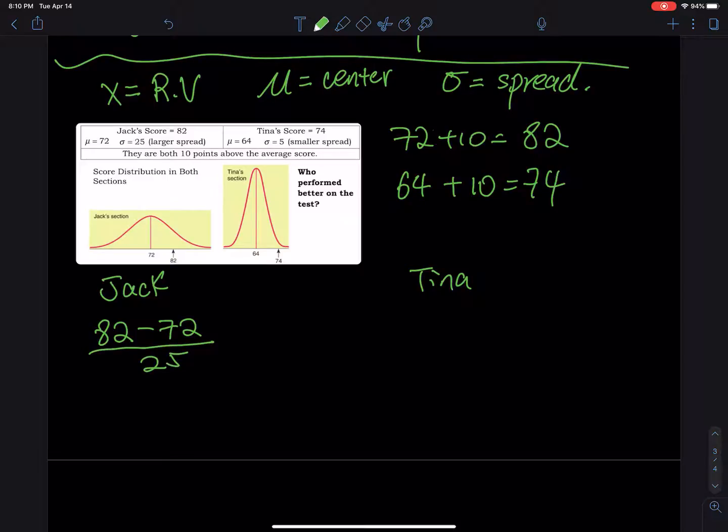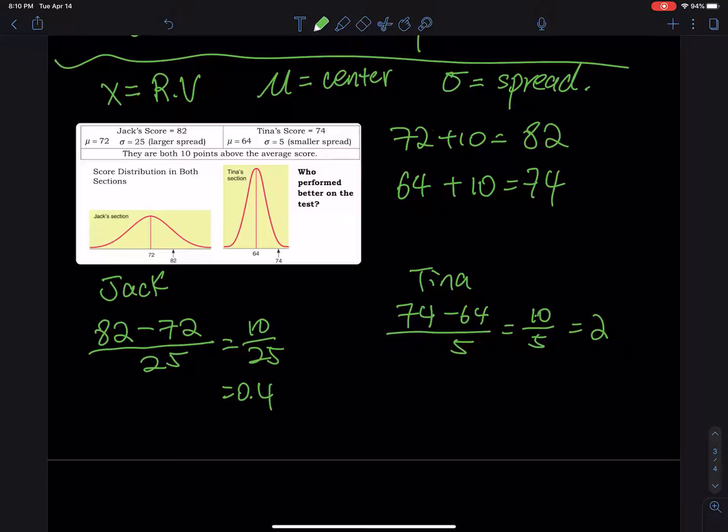And then for Tina, I am going to take 74 minus 64 divided by 5. So this is 10 divided by 5 that equals to 2. This is 10 divided by 25. That is equals to 0.4. What does 2 mean and what does 0.4 mean?